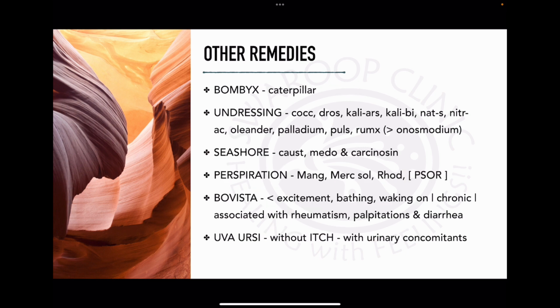What are the other remedies? I have not used Bombyx yet, but I had to mention this because right from childhood, the first experience of urticaria or allergic rash that we all experienced as children was because of caterpillars.